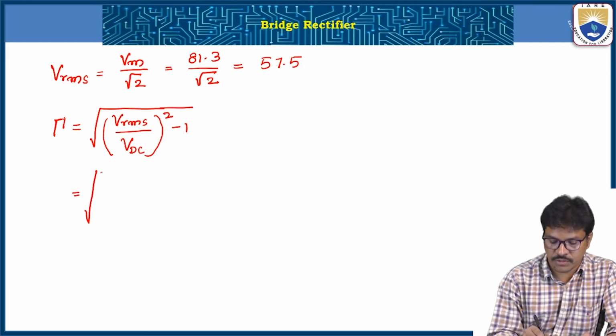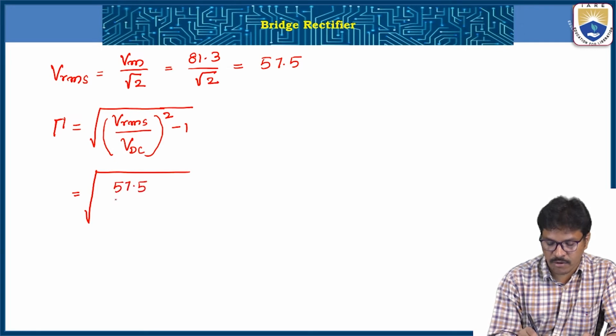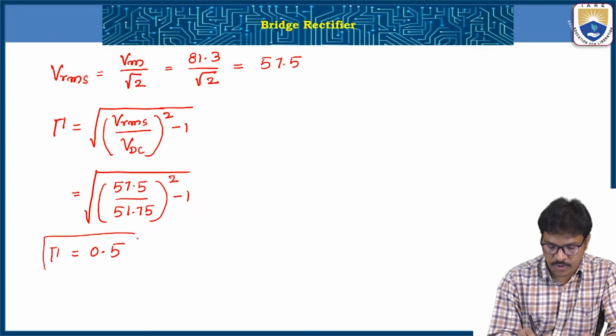If you substitute all the known parameters, VRMS 57.5 divided by VDC 51.75, whole square, minus 1, you will get 0.5. The ripple factor is 0.5.